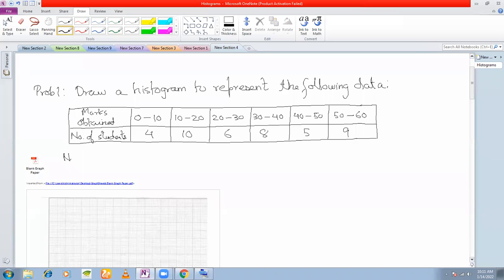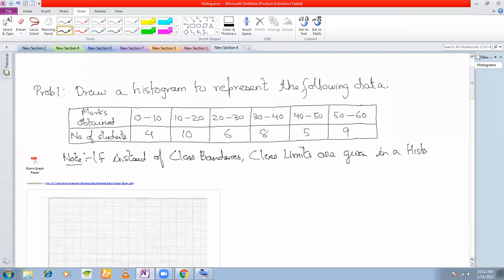So note, if instead of class boundaries, class limits are given in a histogram problem, you must first convert the class limits to class boundaries.